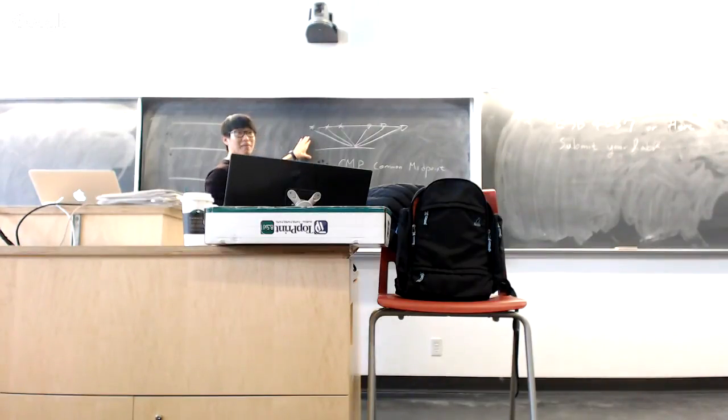So this is the setup, and we call this gather a common midpoint gather. Right? Well, we're seeing basically this midpoint. We got a whole bunch of different sources and receivers, but we're seeing basically this reflection point, right? And that was the common midpoint gather.